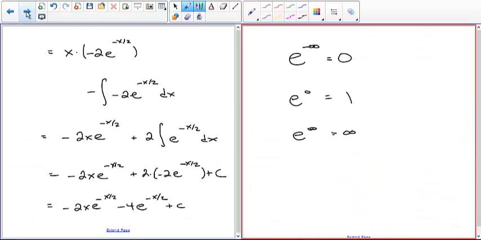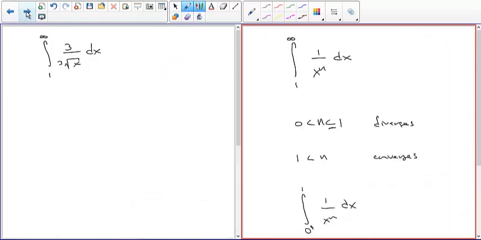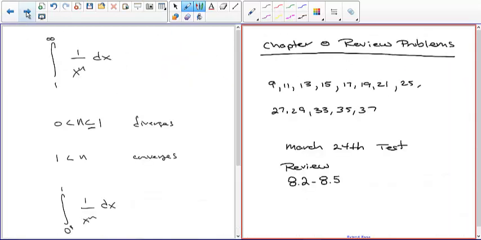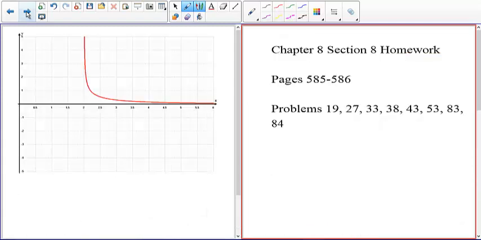So I'm going to assign the homework from this section. Somewhere here. Where are they? There they are. So those will be due next Friday. I'm also going to assign some additional review problems.